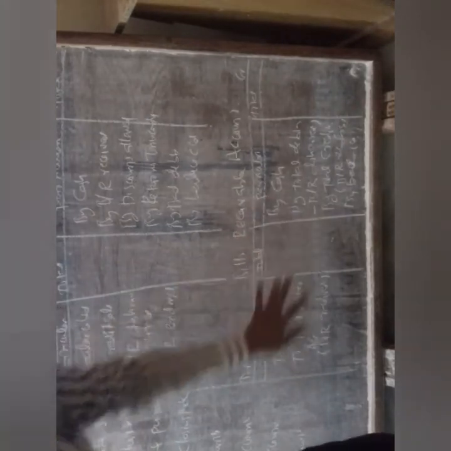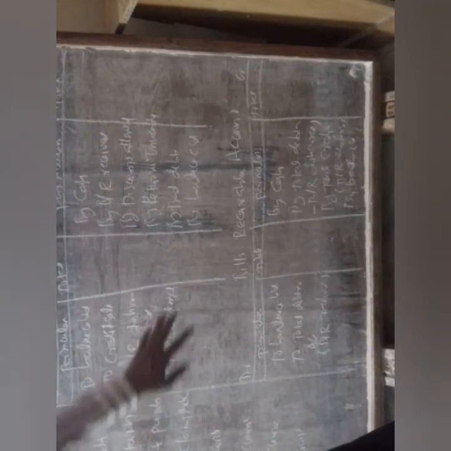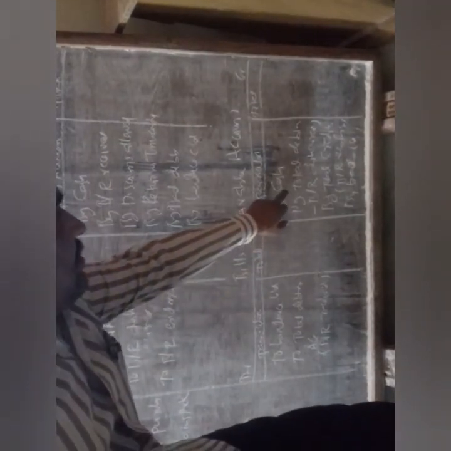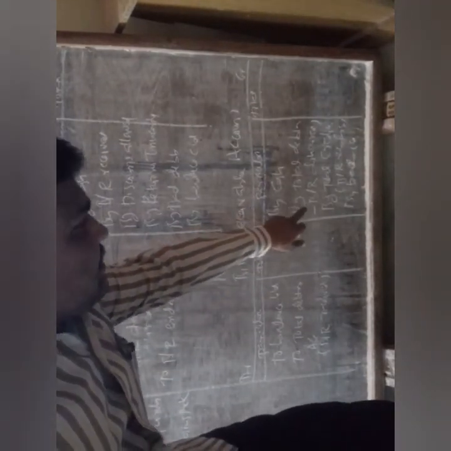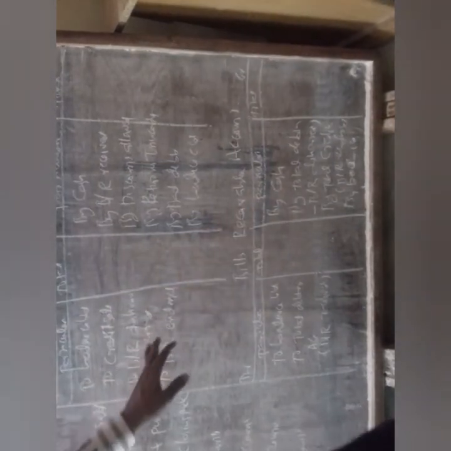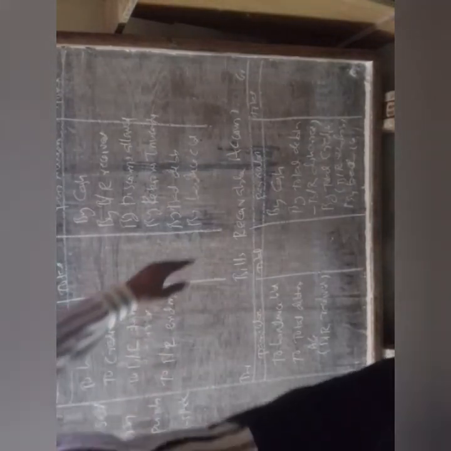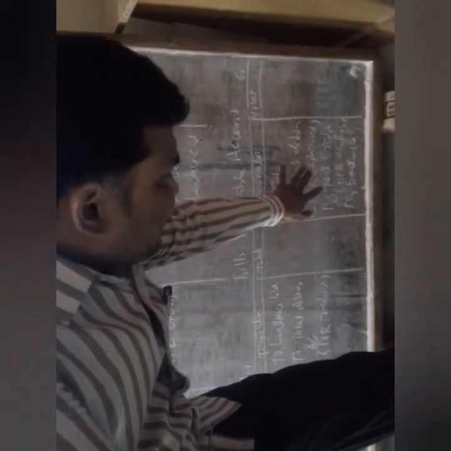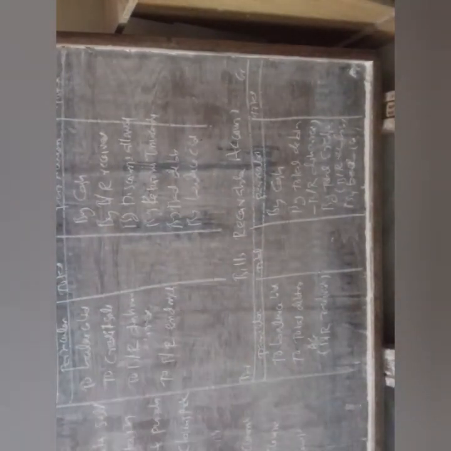On the credit side, by cash: bills receivable encashed is written on this side. Next, bills receivable dishonored. If any bills receivable received are dishonored, that will be written on the credit side. Next, bills receivable endorsed to creditors will come on the credit side of the bills receivable account. This is the brief explanation of the total debtors and bills receivable accounts.